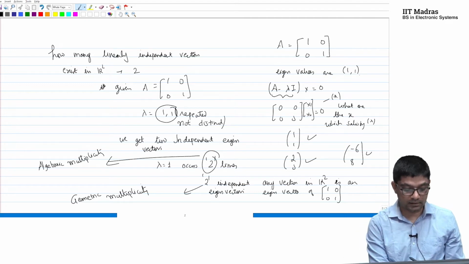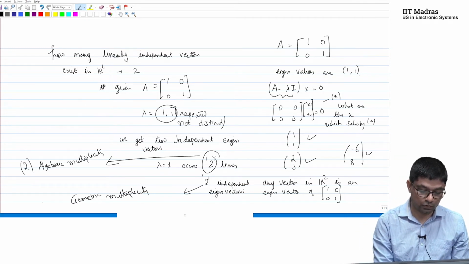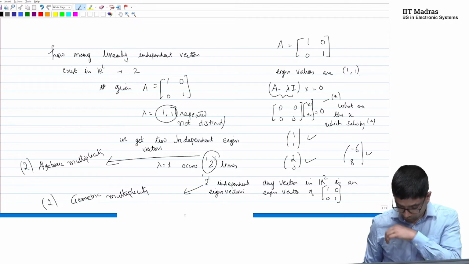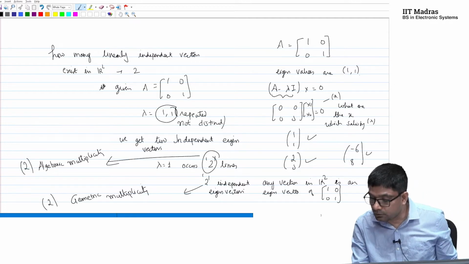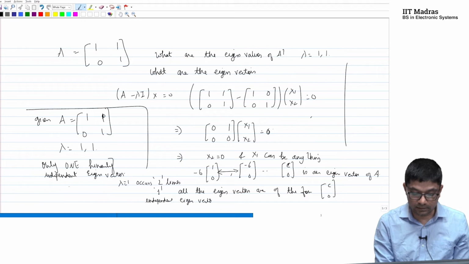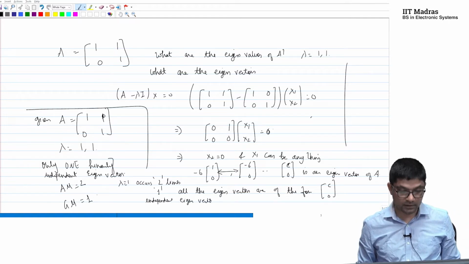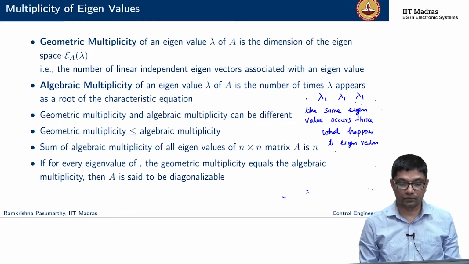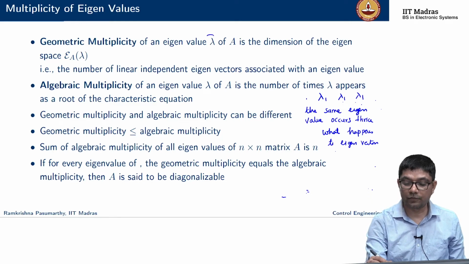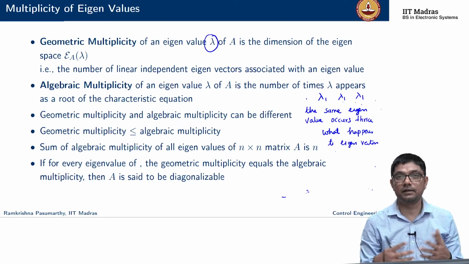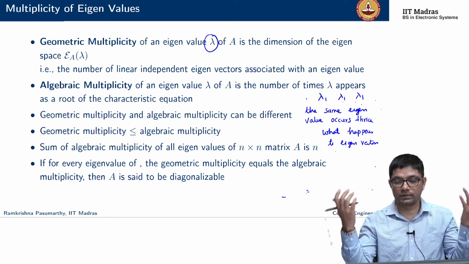So here algebraic multiplicity is 2, geometric multiplicity is also 2. Then I go to the next one. Here the algebraic multiplicity is 2 and geometric multiplicity is 1. So that is what this slide talks of. So given the multiplicity of an eigenvalue lambda, in general it can be 2, 4, 7, whatever.